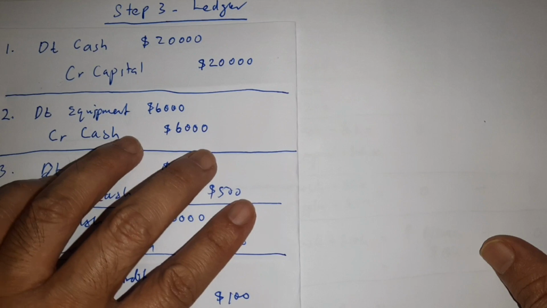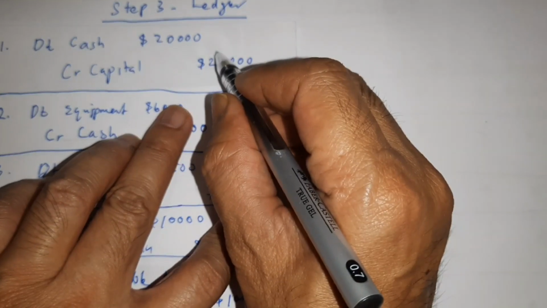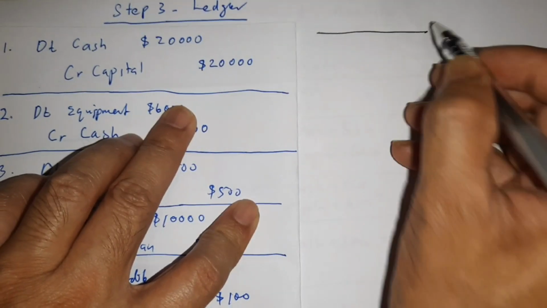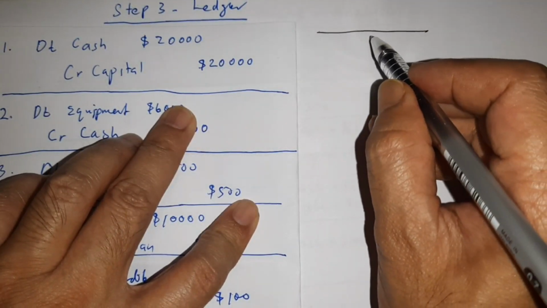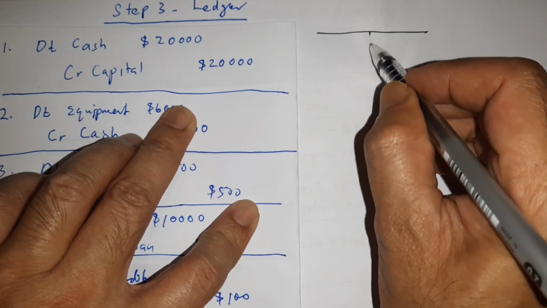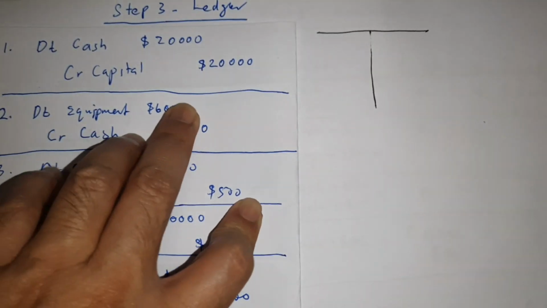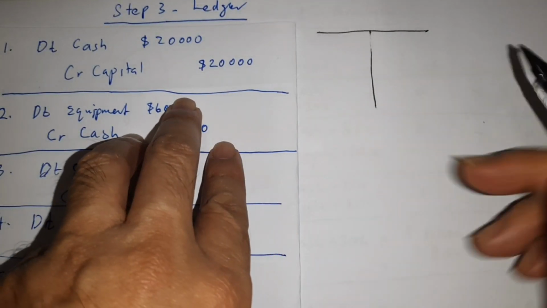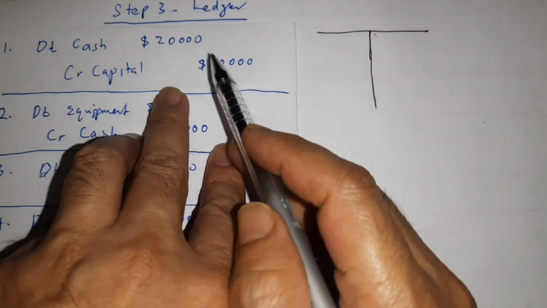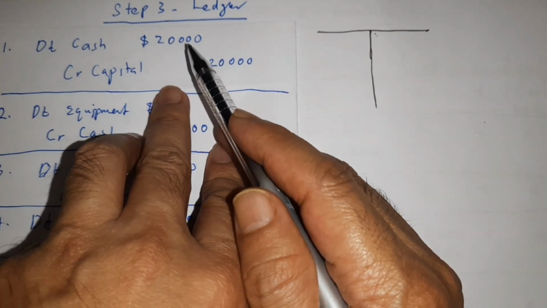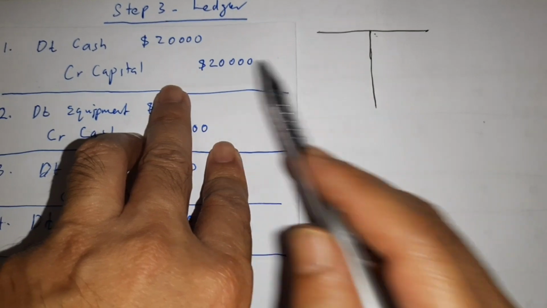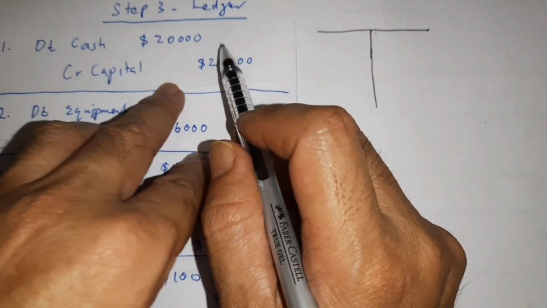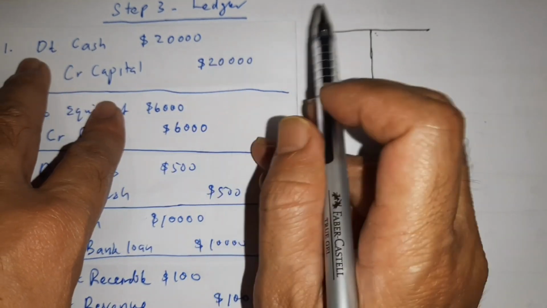So let's see how to transfer these journal entries into the T accounts. For every item in the journal, there will be one account for each item. So now, how do we transfer these journal entries into the ledger?